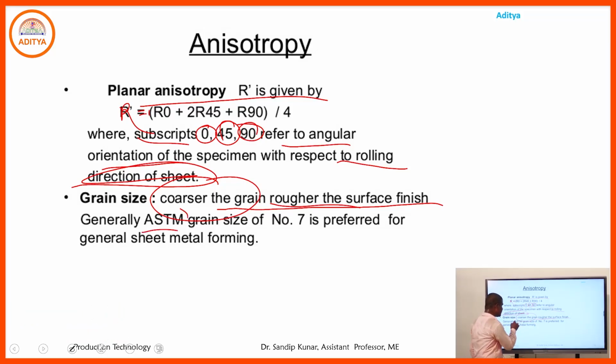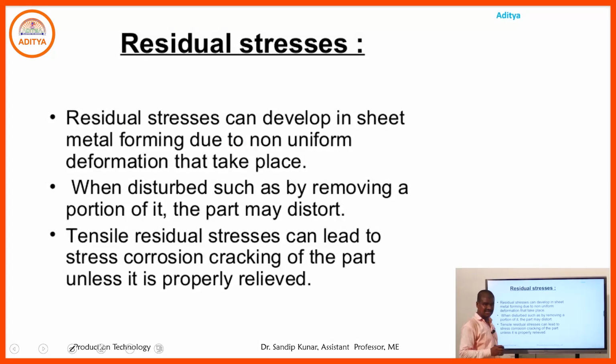Generally ASTM, American Society for Testing Materials, grain size number 7 is preferred for general sheet metal forming operations. So that is a very standard sheet, applicable in sheet metal forming operations.